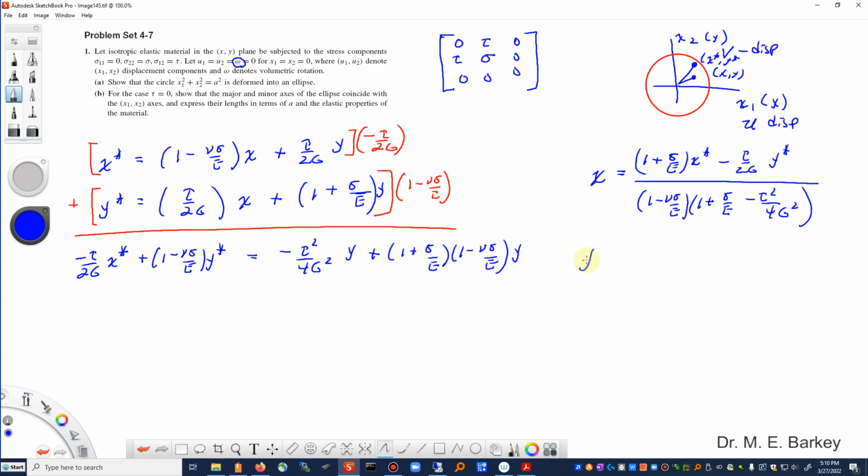Now I'm going to take that and I'm going to solve for y, the new component.